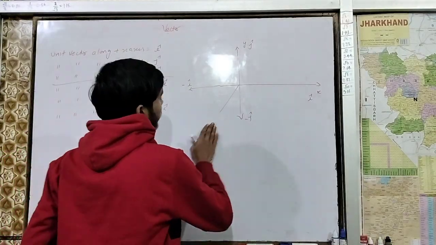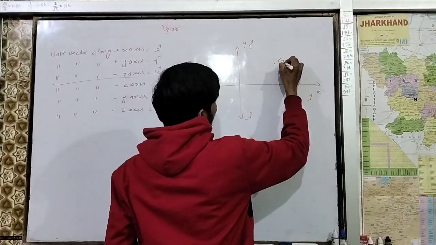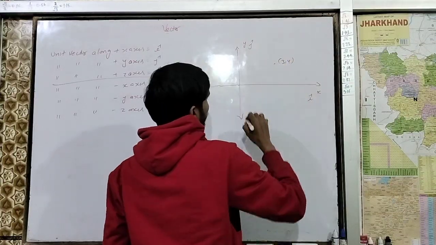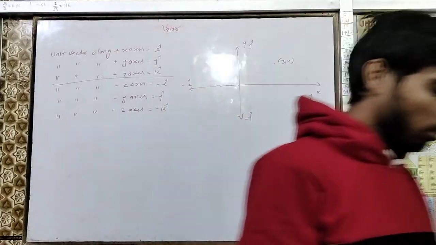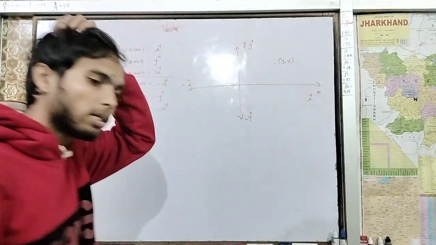Now here, look at it. There is a coordinate, this 3, 4. Do you know position vector?